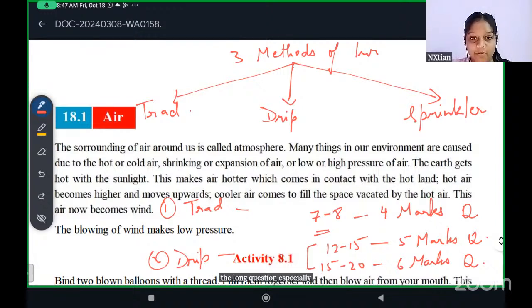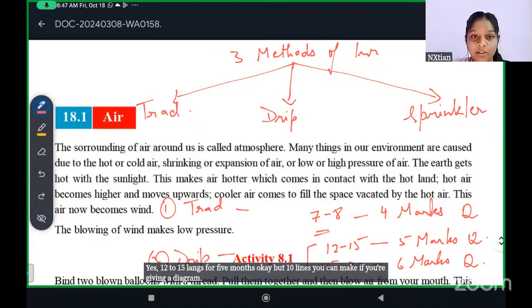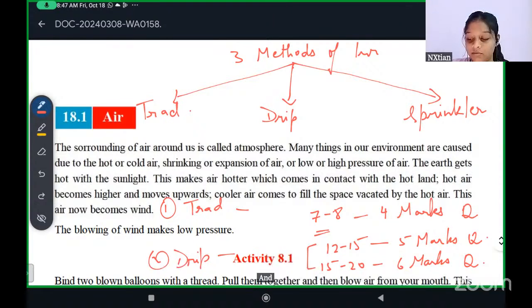For 5 marks, 6 marks, have you written 12 to 15 lines for 5 marks? Yes, 12 to 15 lines for 5 marks. But you can make it 10 lines if you're giving a diagram. Again, if you're not giving a diagram, for 6 marks it's like 15 to 20 lines. Minimum 14 or 15 lines, max you can write 20.